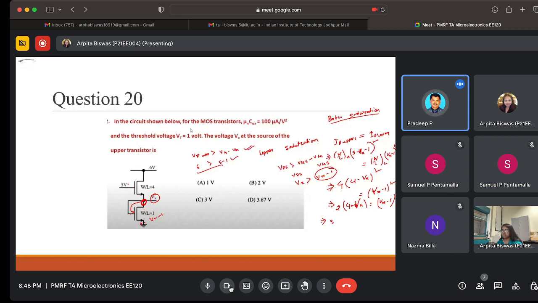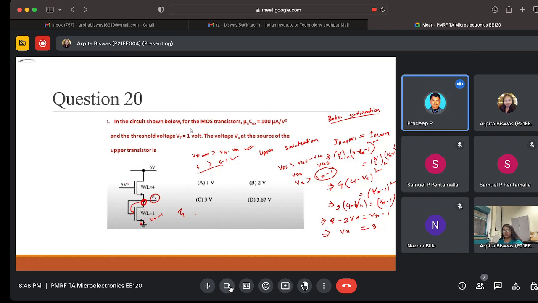You are not able to see 3, madam? Okay, just a minute. Am I making any mistake? Can you recheck again? I think we have made some mistake here, VGS minus VT voltage, and 4 minus Vx into 4.